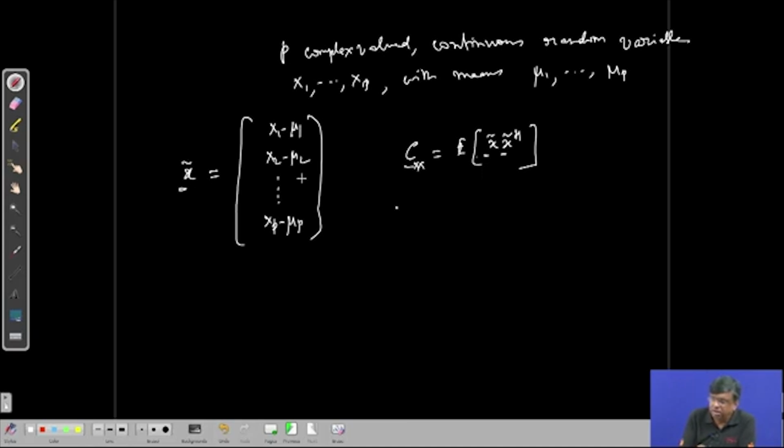Okay, and then it is like this: x tilde as it is you put here, and then the row vector x1 minus mu1, dot dot dot, xj minus mu j, xp minus mu p. If you want, you can write the full x tilde here. This x tilde Hermitian is this, transposed and then conjugate. I have to put a conjugate on them.